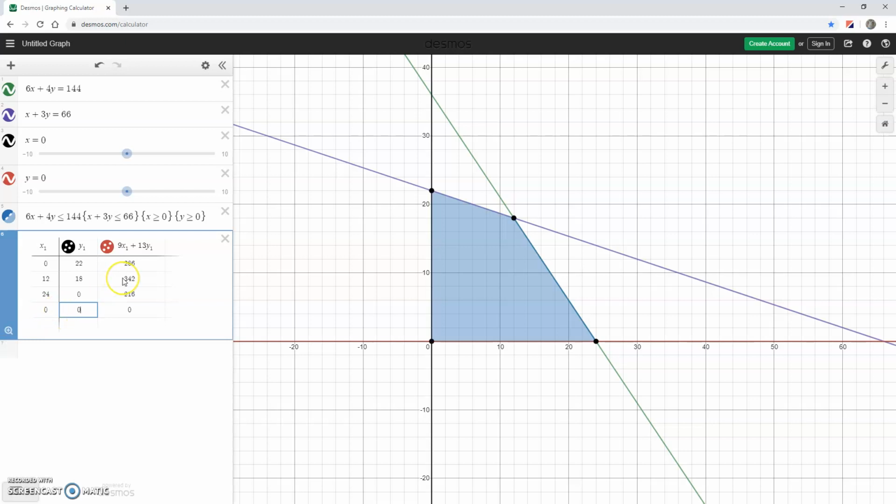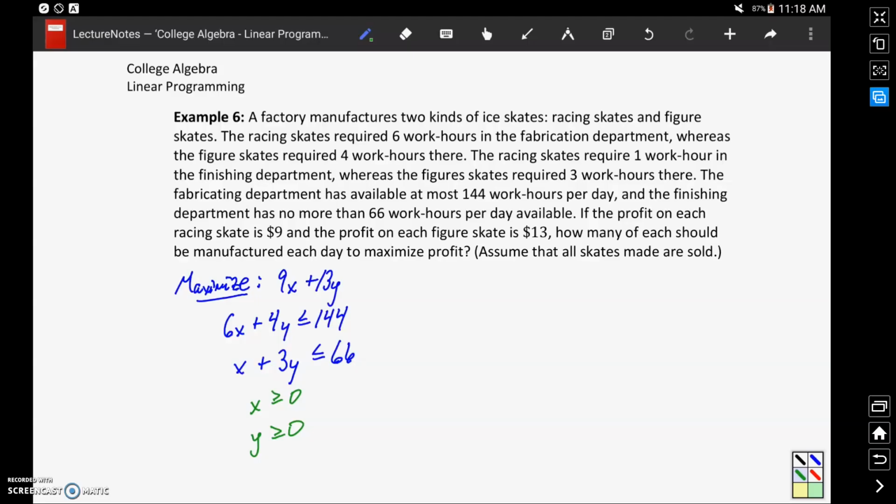We can see that we're going to get a maximum profit of 342. So we get a maximum profit of $342 by producing 12 racing skates and 18 figure skates.